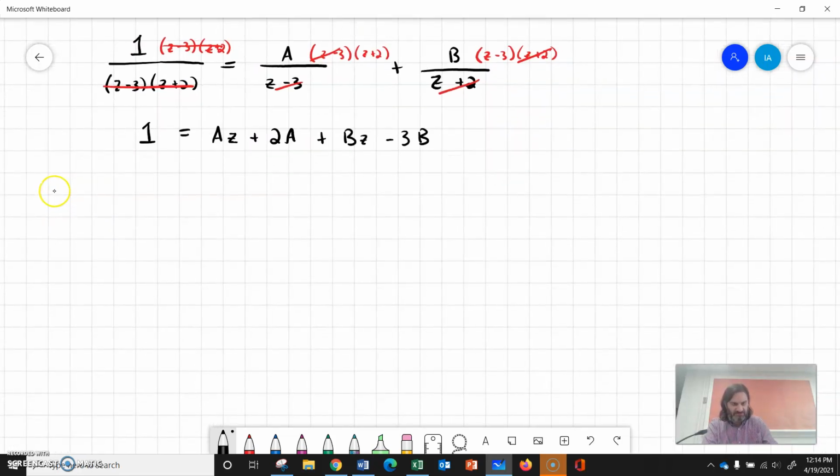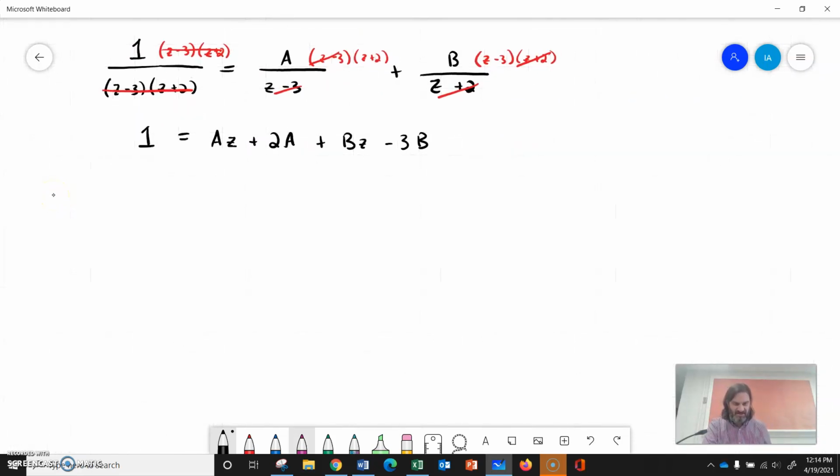So let's try and figure out what this A and this B are. So let's see. We've got some z to the first, so we've got a z term. And that will be 0 z's on the left equal to A plus B z's. So let's color code that.